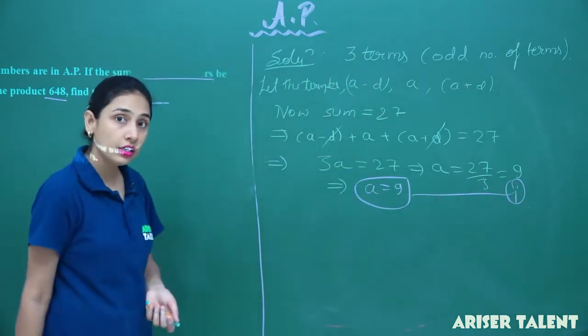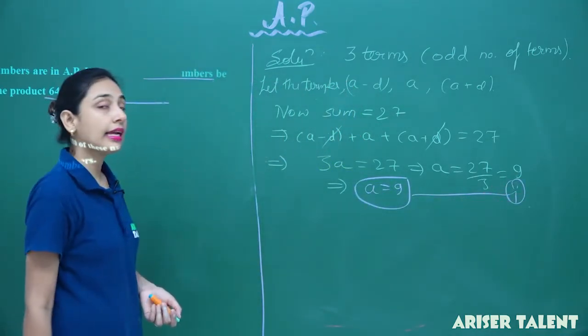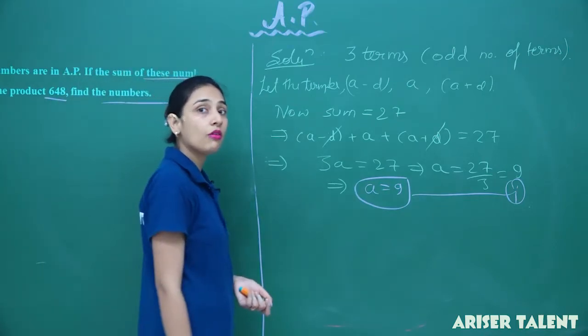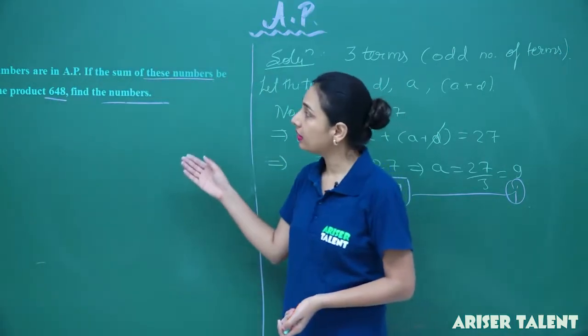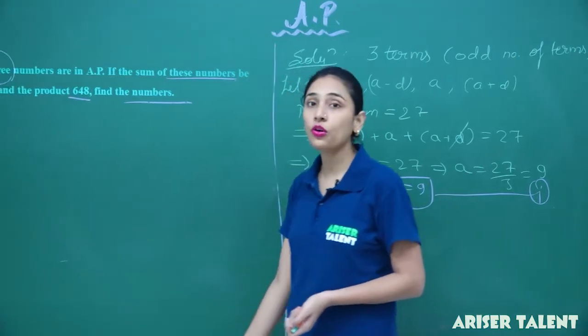Now second, we have to find D also. For that we have the second equation, given by the product being 648.